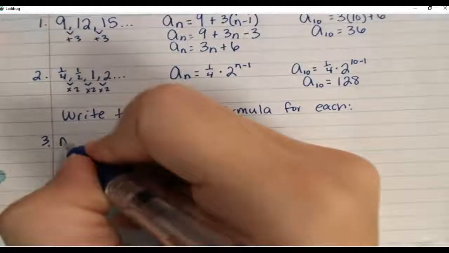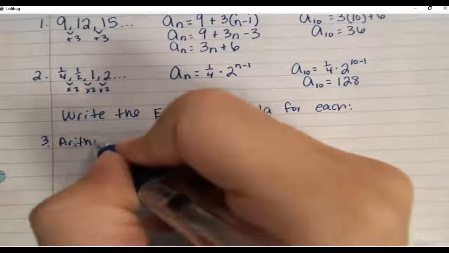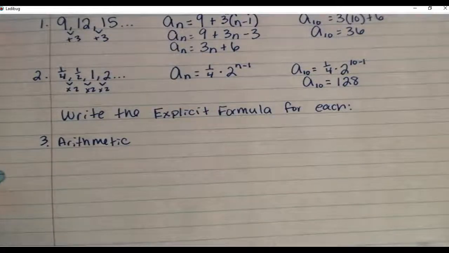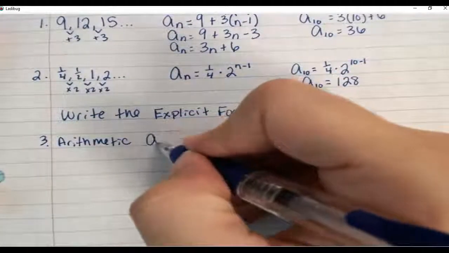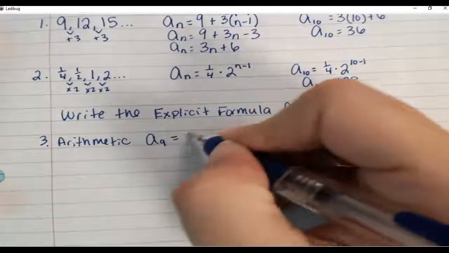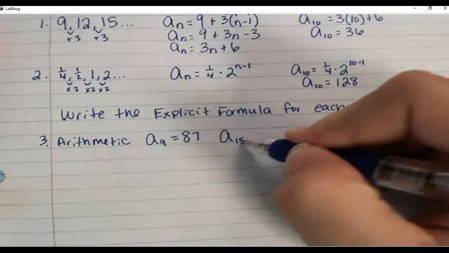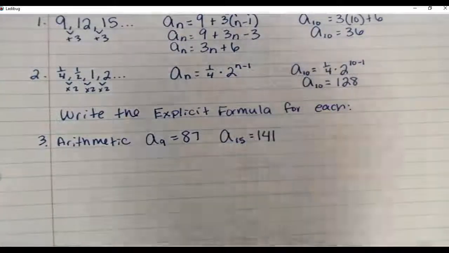So let's say this one is arithmetic. And we know a sub 9 is 87 and a sub 15 is 141.